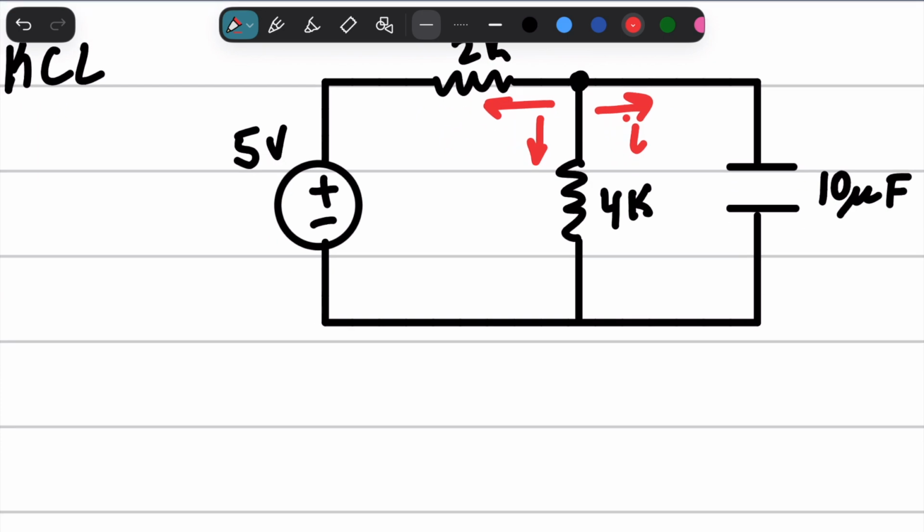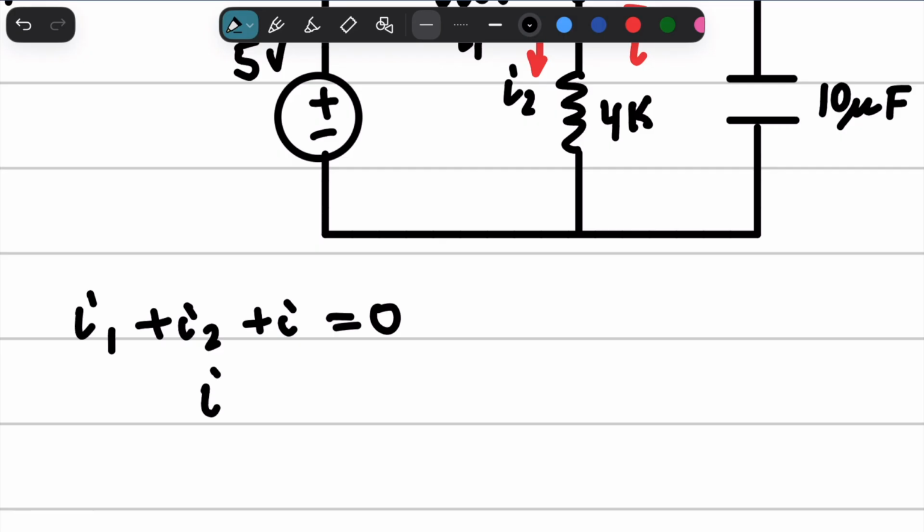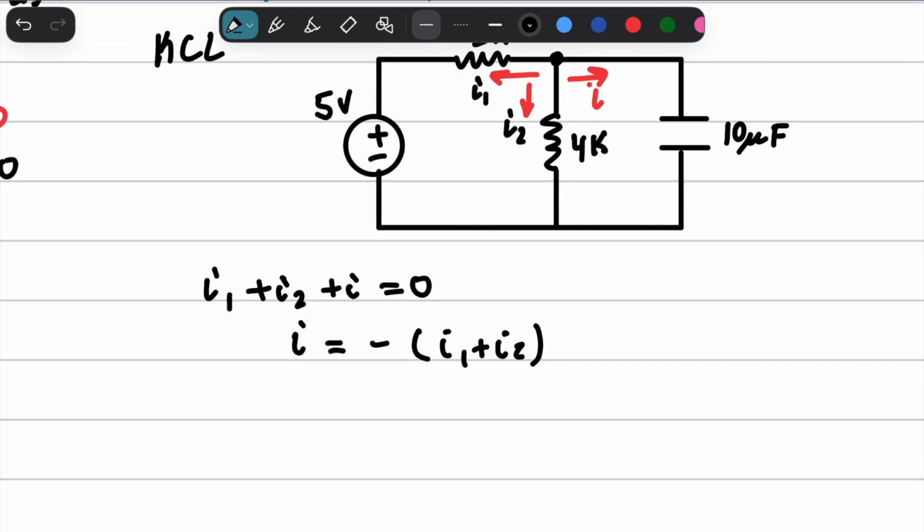Well, guess what? If we call these two I1 and I2, I1 plus I2 plus I equals 0, we can find I if we just take the negative of I1 plus I2. And we actually know what I1 and I2 is from the voltage, right?